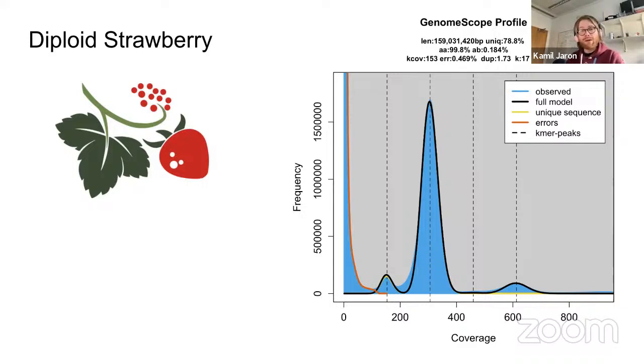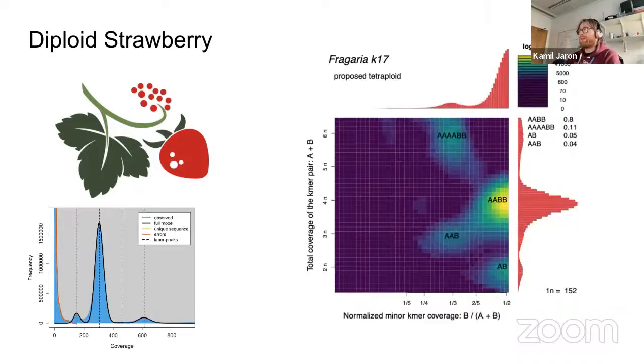They also happen to have quite a lot of quite recent duplications. And if you just do Smudgeplot on the data with k=17, what you will actually see is that the AABB is a much more dominant smudge than AB. It is just simply because there is very little of the heterozygous signal and quite a lot of the duplication signal. It's just very unfortunate.